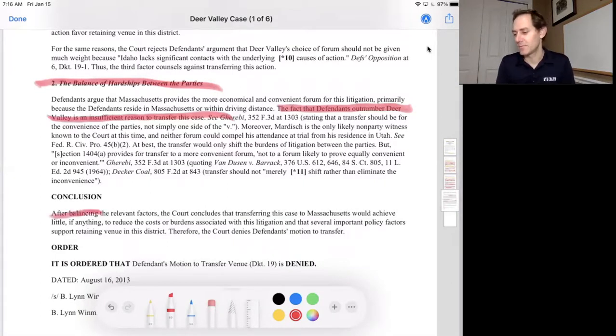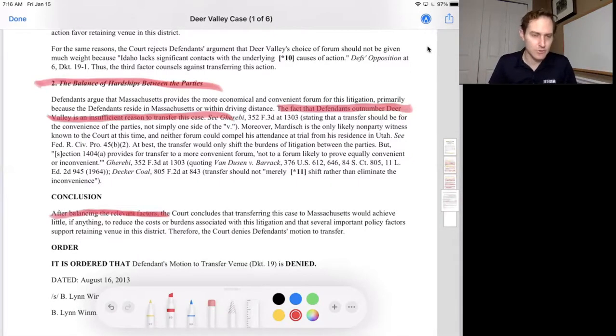And this is important. After balancing the relevant factors, you're going to see this much throughout this course. The law isn't like a straight rule, in this case, you should always transfer the case to another state, or in this case, you'll always find copyright infringement. Instead, the court creates a balancing system, hence the common image of the law being the scales, the weighted scales.